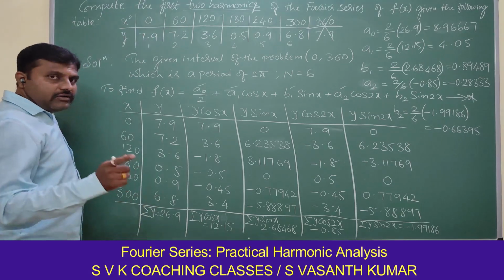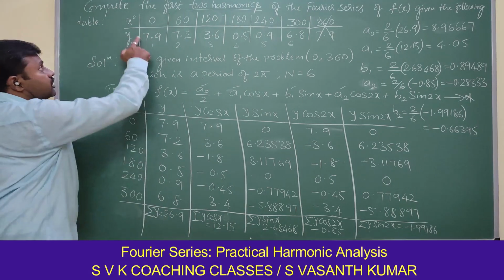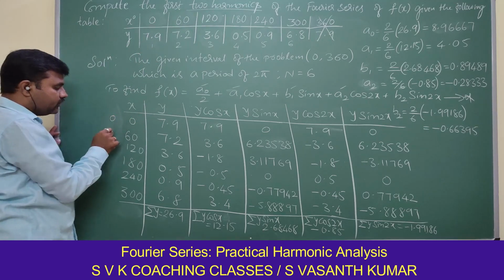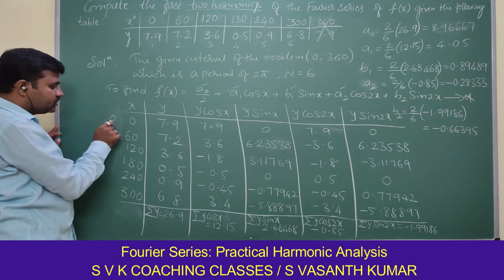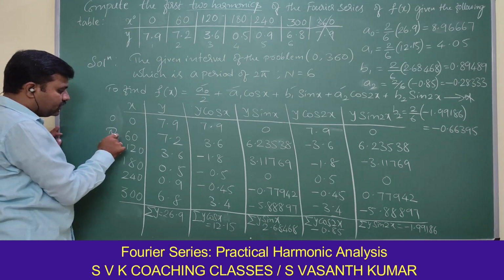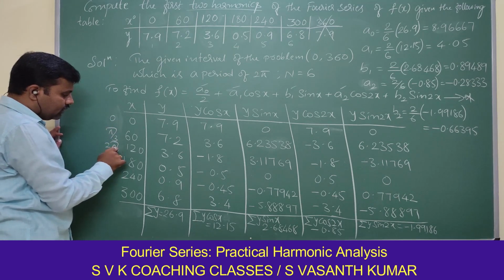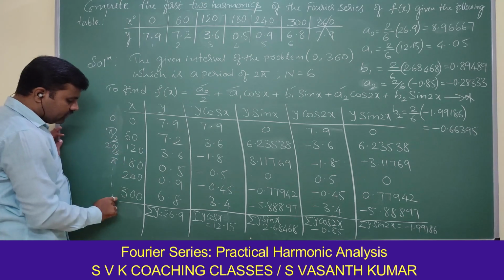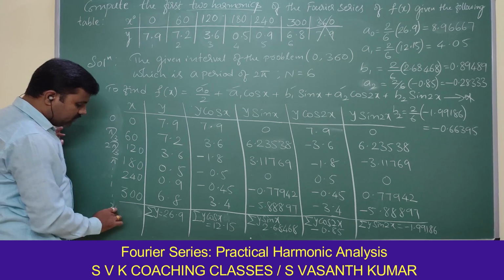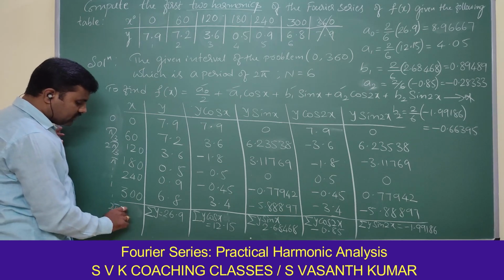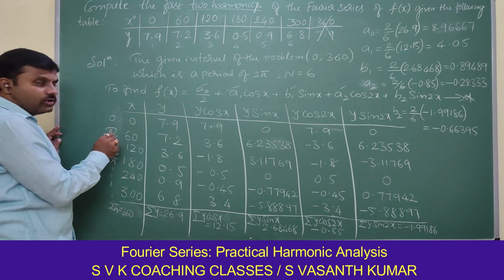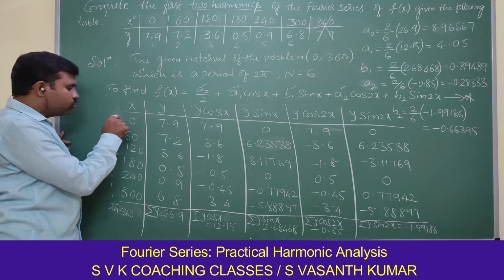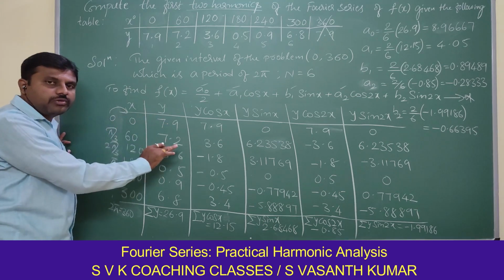Another thing I want to tell here: if the given values of x are in terms of radians, like 0, pi by 3, 2 pi by 3, pi, and so on, and finally 2 pi as if it is 360 degrees, I want to stress that you should convert this radian mode to degree mode and solve this problem.